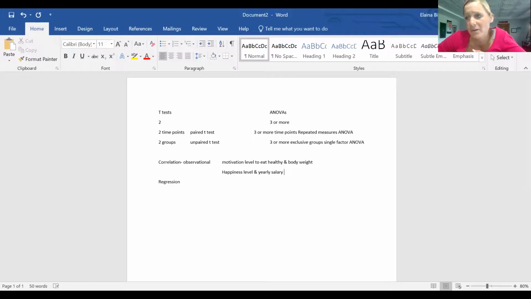Maybe there's some sort of scale from 1 to 100 or something like that. And then how much money do you make? Again, is having a lot of money making you happy, or are you happy and so therefore you're successful in your work, right? So there's not a clear independent or dependent variable with a correlational study.